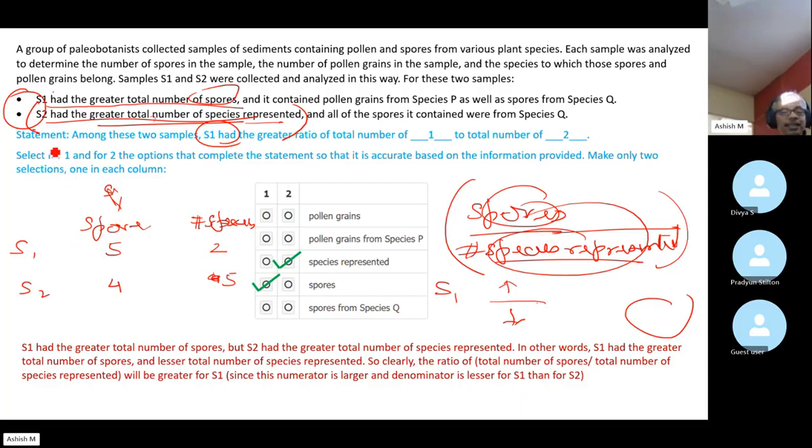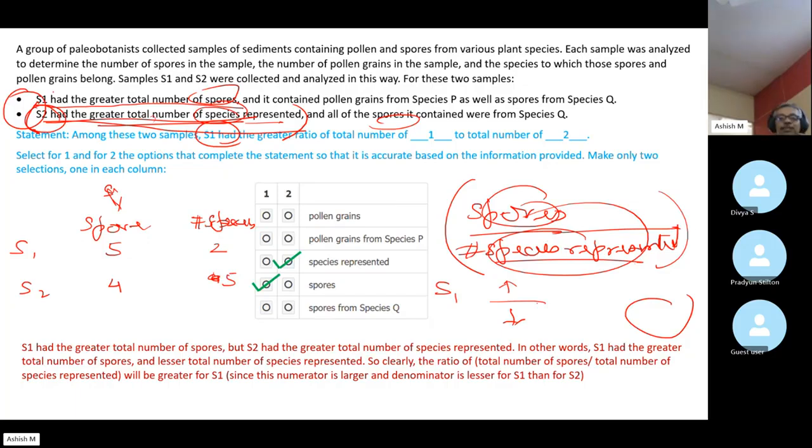What Pradyun is saying is that when it says S2 had a greater total number of species represented, in S2 the number of species is more than the number of spores and the number of pollens. That's my understanding also. That is comparing S1 and S2.